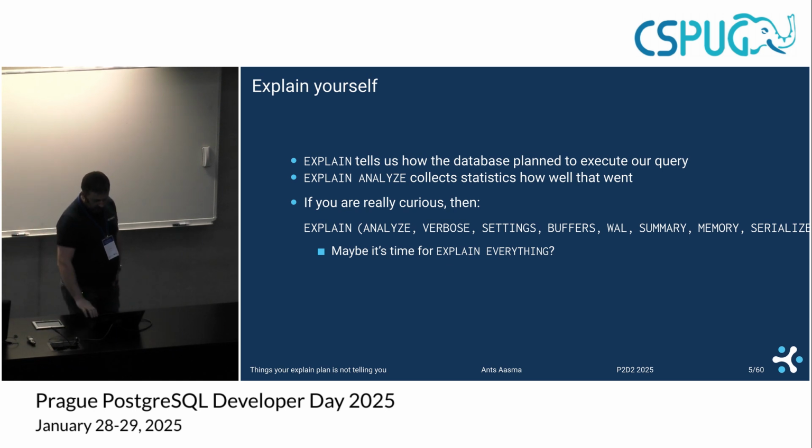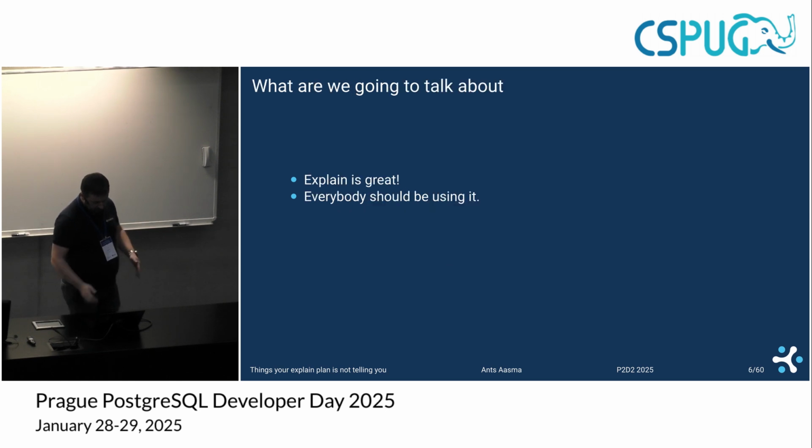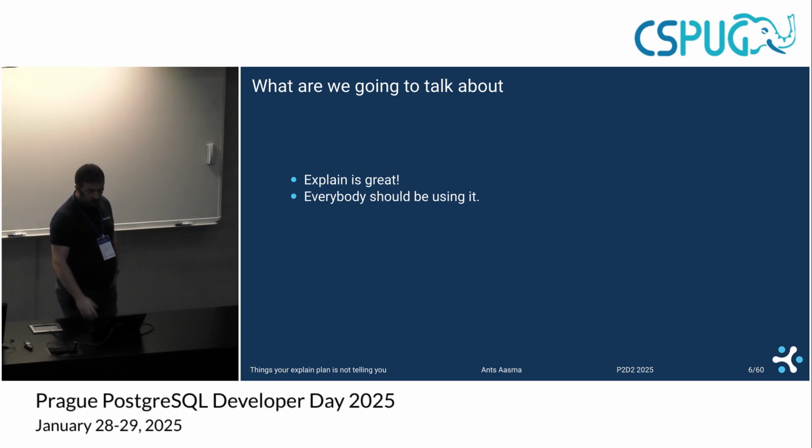But I'm not going to go into detail about this stuff. We are going to talk about all of the stuff that explain does not do. But the first step would be to understand what it does.